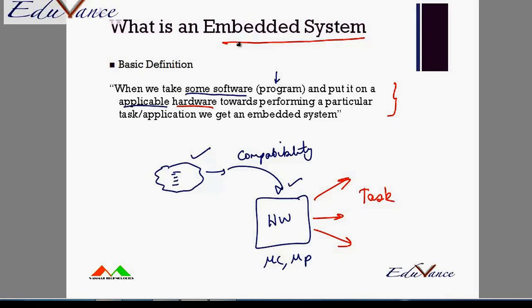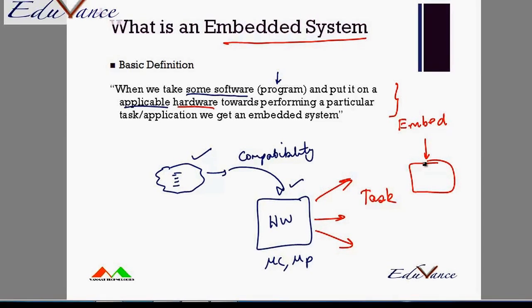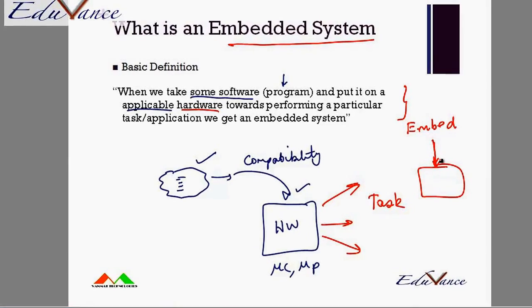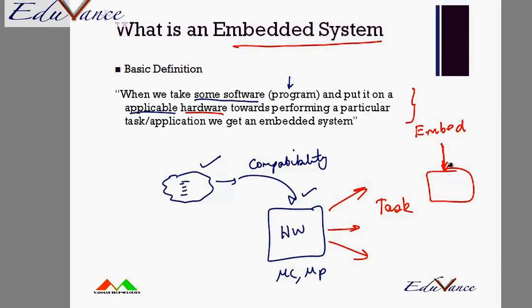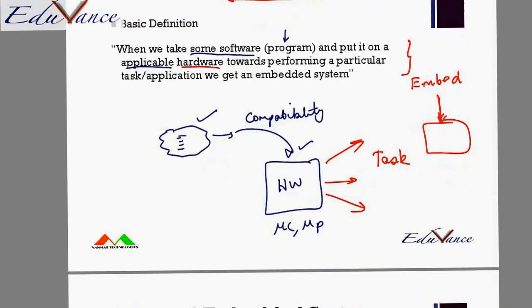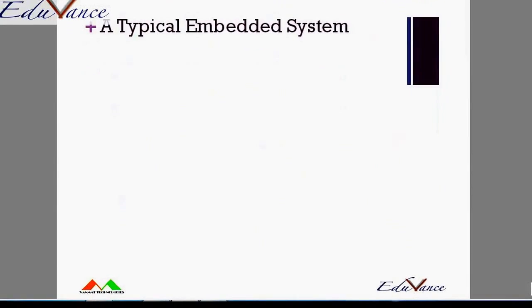The term embedded system is from the English word embed, which is to fit something or to put something inside another object. Okay, to embed. Alright, so that definition taken, let's understand what do typical embedded systems look like today.